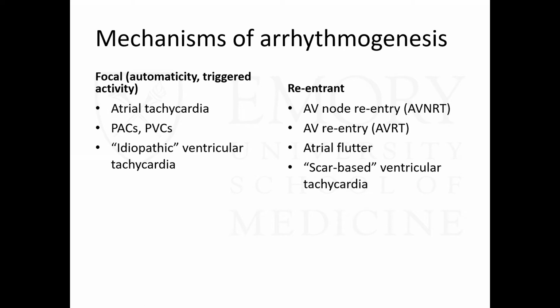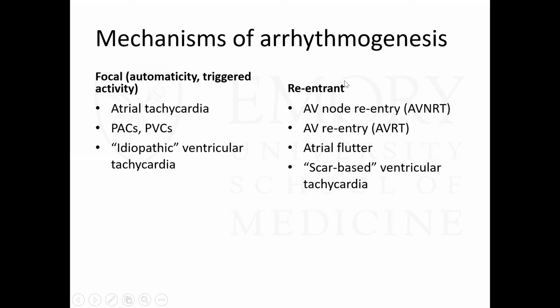If you were to try to broadly categorize most of the arrhythmias that we see in clinical practice, most of the focal arrhythmias are focal atrial tachycardias; PACs and PVCs tend to be focal. And a lot of the idiopathic VTs, so outflow tract VTs, or when you see somebody having outflow tract PVCs, those are usually focal, meaning they're not reentrant going around some obstacle. Whether they're focal due to enhanced automaticity or triggered activity can sometimes be hard to tell on a clinical basis.